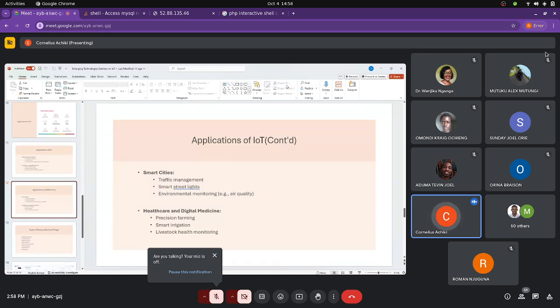And then you have smart street lights. If this is able to be implemented within a city, such that you look at the time of day, the lights are able to come on and off. Look at the intensity of the street lights.